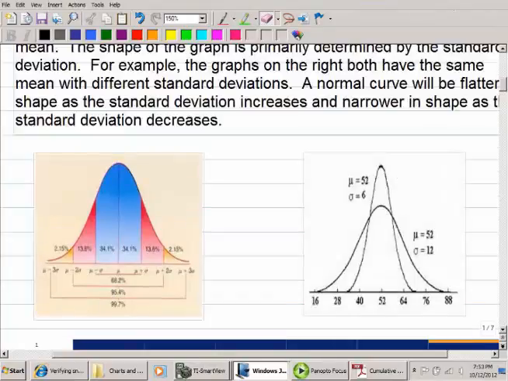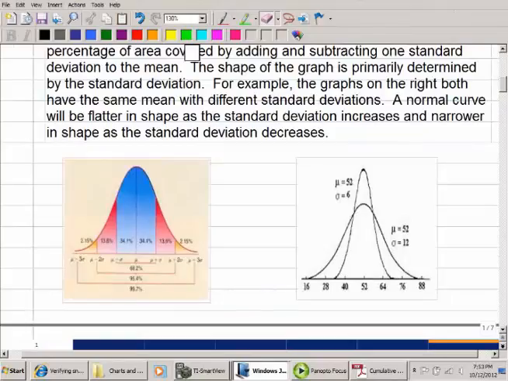Now the graph on the right is just showing you that while the graph will always be symmetric, with the mean in the middle, and the total area will always be 1, it can have slightly different shapes, and what causes the change in shape is the standard deviation. If the standard deviation is small, you will have a taller and narrower graph because more values will be nearer the mean.